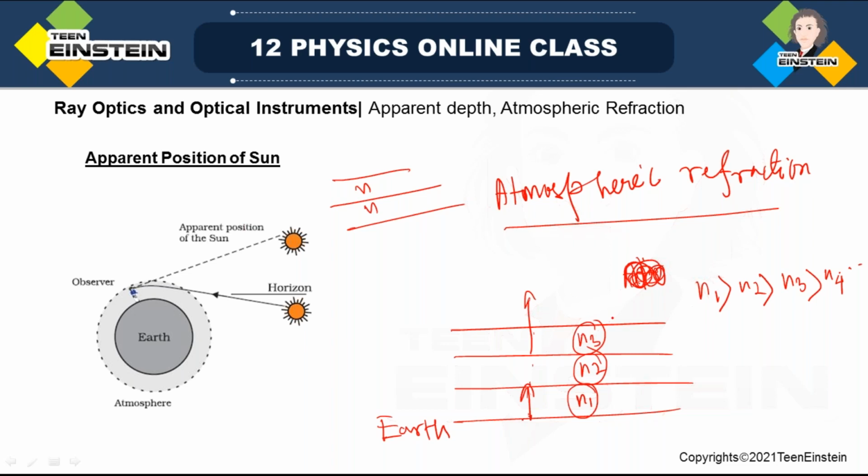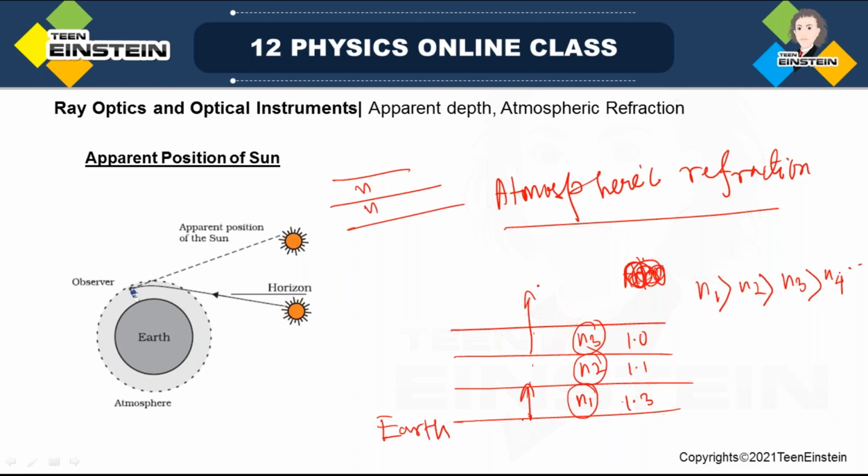As you go higher and higher, the refractive index becomes lower and lower. The refractive index of the air layers decreases. That means here it is, suppose 1.3 or something like that, then it will be 1.1, 1 or lesser than that. So it will be like that.